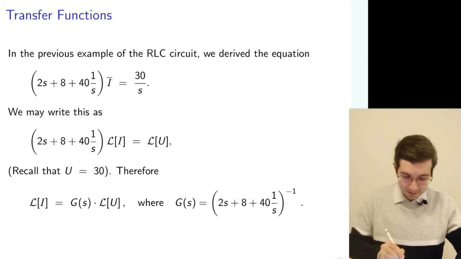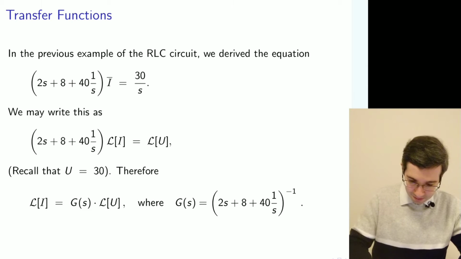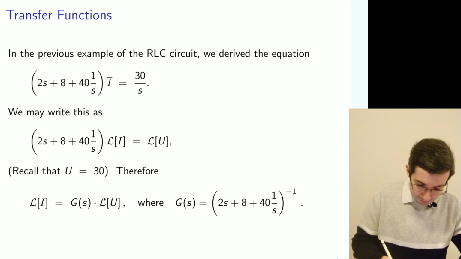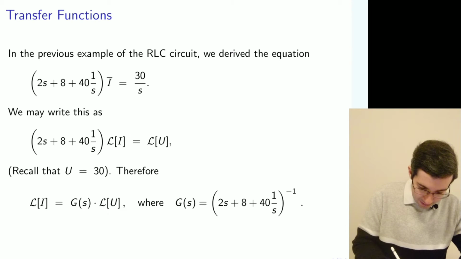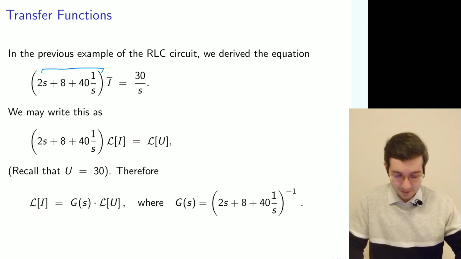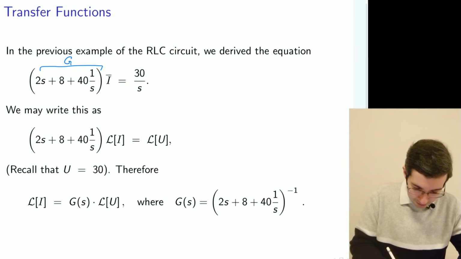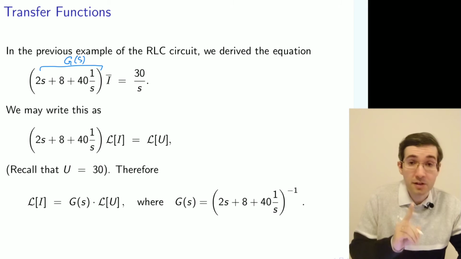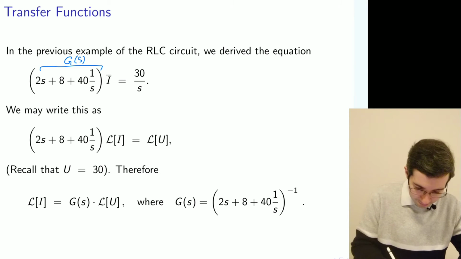In our particular case, you can see that this is exactly the transfer function. That is g of s, but inverse, reciprocal, sorry. So it's 1 over g of s.